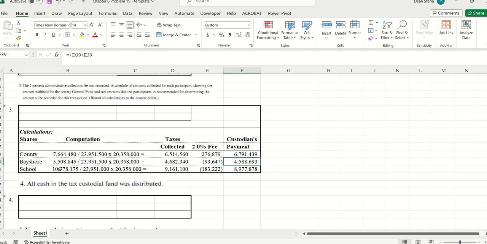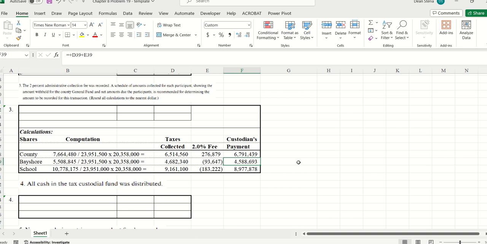So we take what we levied for each of these, we divide it by our taxes receivable for other funds and governments. Okay. And that gives us a percentage, which we will then multiply by the amount we actually collected, which is 20,358. Okay. So we divide this, which percentage is it? Multiply it by that, and that's how we get the 6,514,560. Okay.